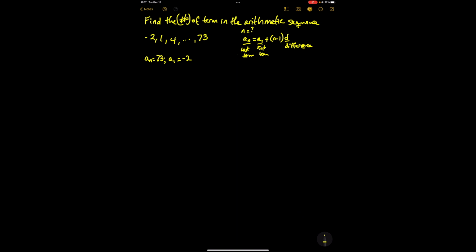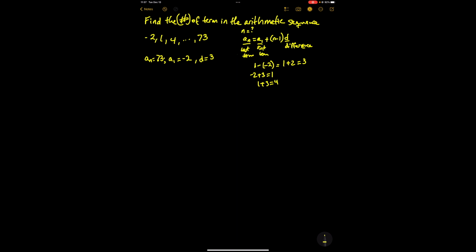You take the second term, which is 1, and subtract the first term from it, so that's 1 minus -2, which equals 1 plus 2, which is 3. And if you do -2 plus 3, it equals 1. Then 1 plus 3 is 4. So d is equal to 3.